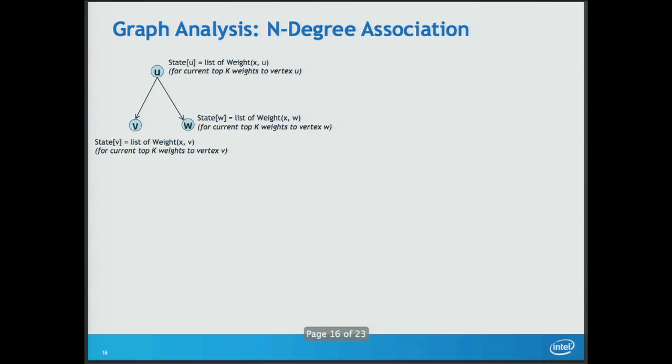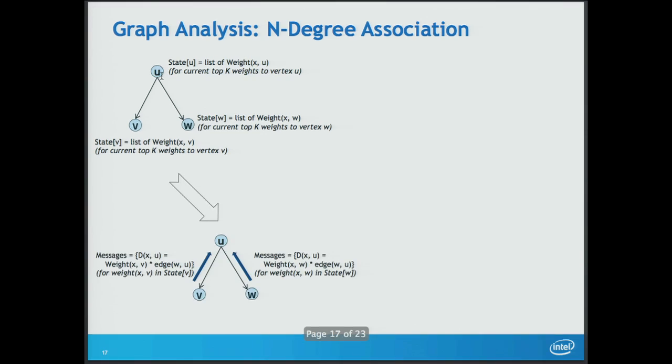Initially, the graph is initialized so that each node contains the self weight. So on vertex u, it only contains the weight from u to u, which is 1.